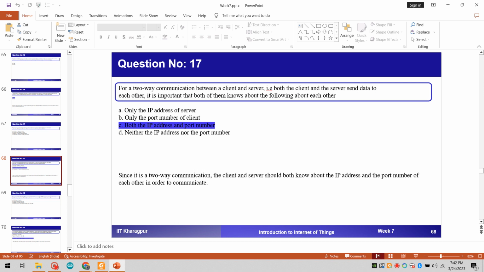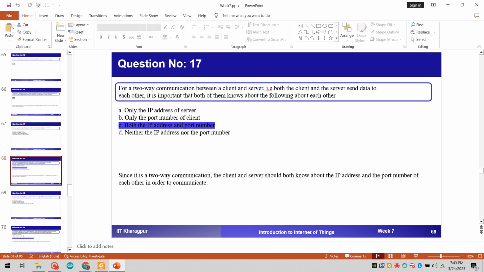So, what do you understand by SDN? Yeah. And what is the purpose of your SDN? No, the purpose of your SDN is to maintain the flow of the data packets. Okay.